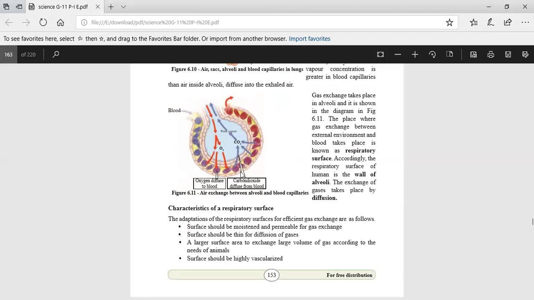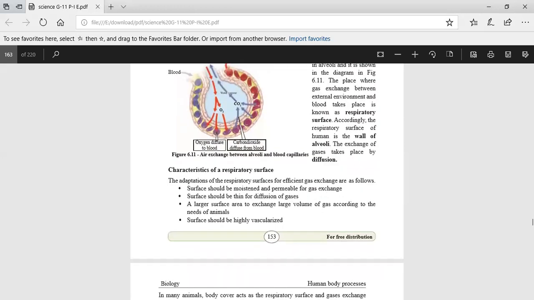This is blue here, and taking oxygen it becomes red, and carbon dioxide is released into the cavity of the alveoli.